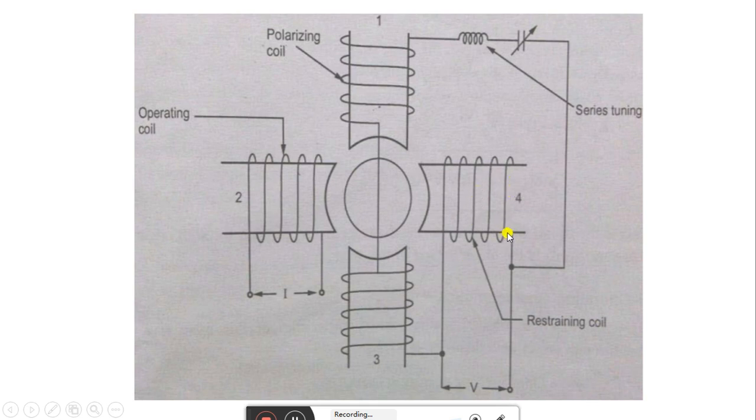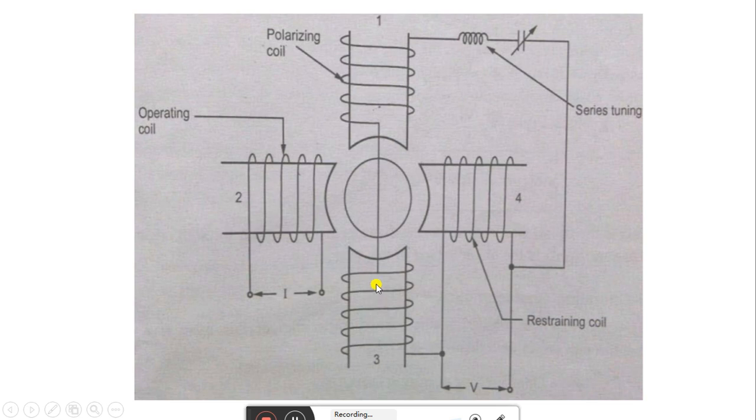In pole 4 we have the restraining coil, which is also supplied by the voltage. Here in this structure we have provided an inductance and a variable capacitance in series with the polarizing coil. The purpose of this inductance and capacitance is to tune the circuit so that the setting or memory action can be provided to the polarizing coil.